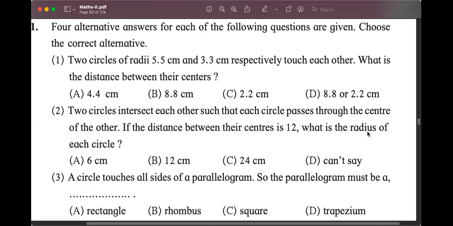We are talking about touching circles. You need to think about that. The two circles are touching each other, and no one said anything about touching circles. Do you remember what I'm talking about now? Touching circles. Why do we need two distances? Why are two distances possible?